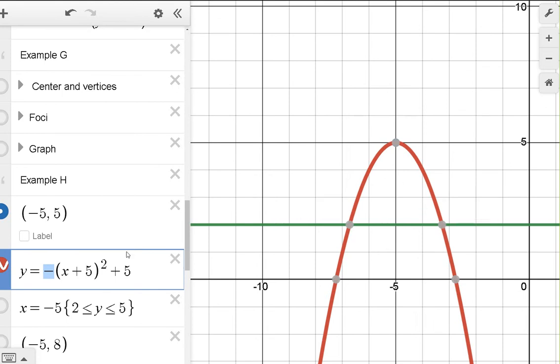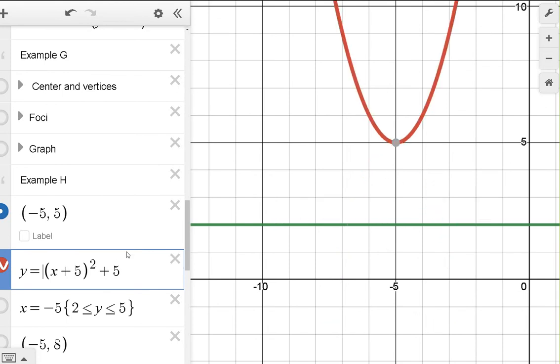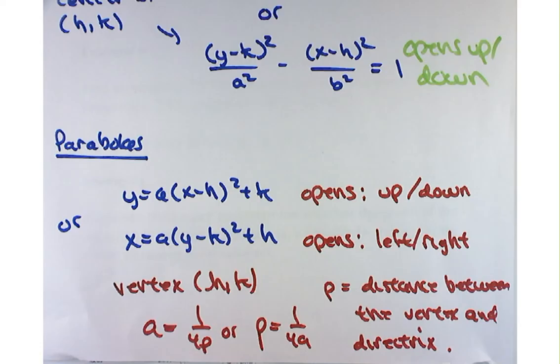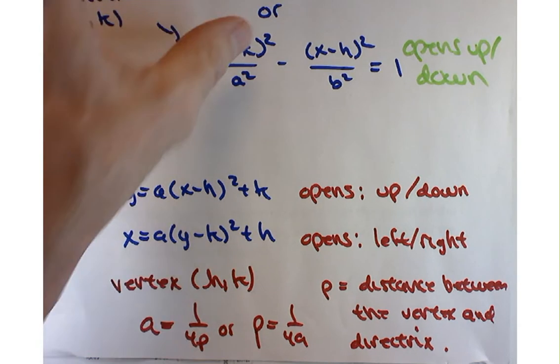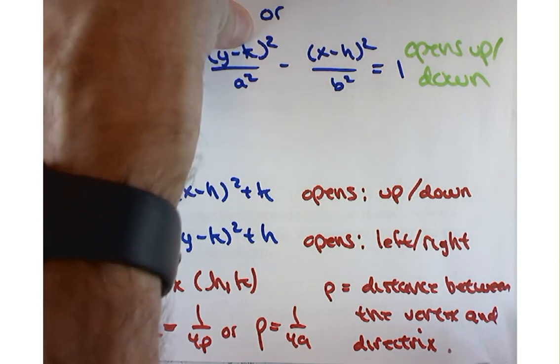It can't do that. But if it's positive, it has to open up. Great, so it has to be something of this form right here. Y equals a times x minus h squared plus k.